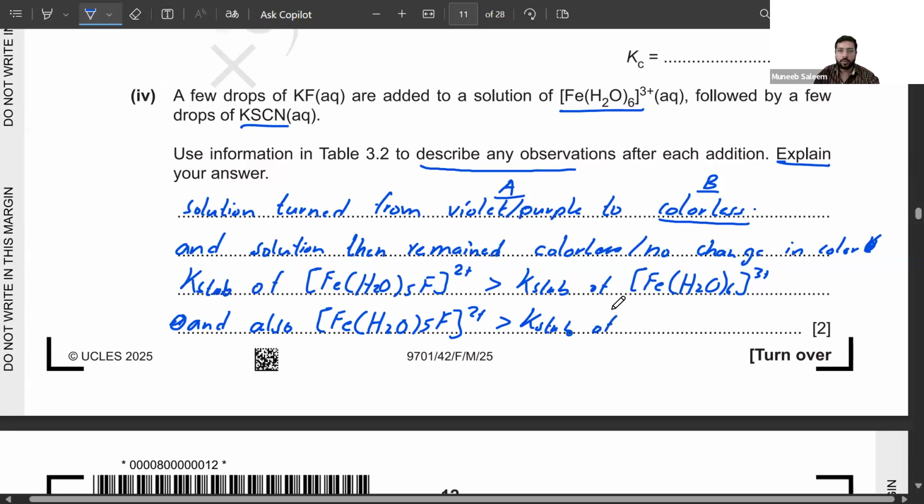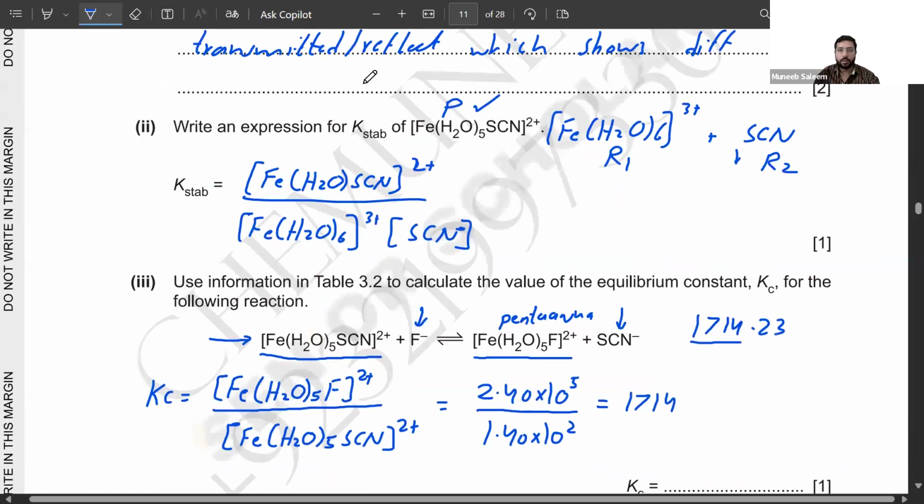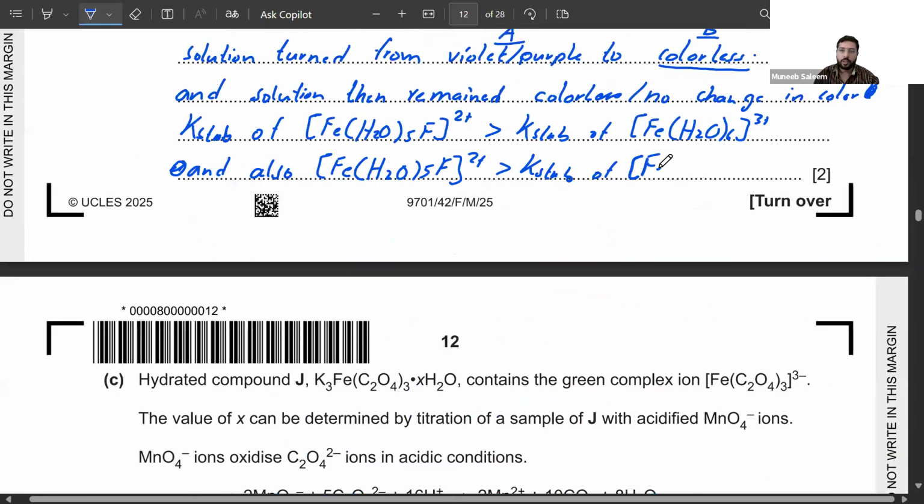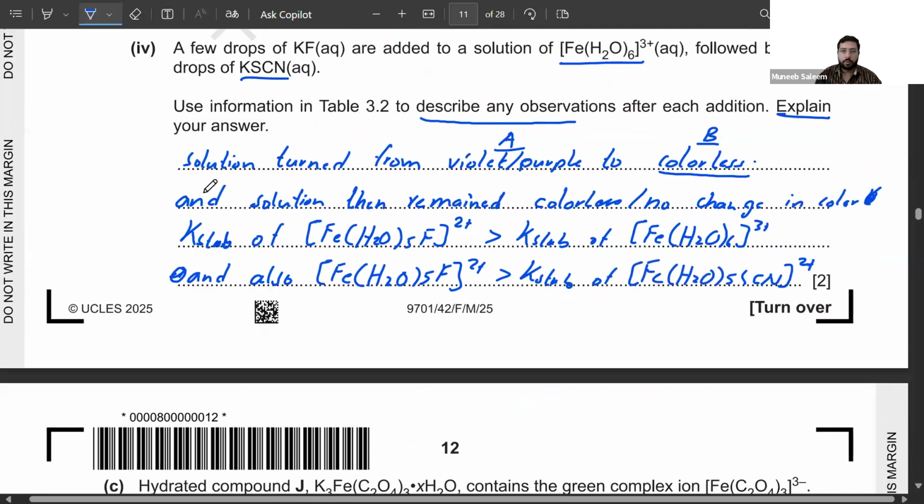The C complex was basically the one having SCN. K step of Fe(H2O)5SCN with charge of 2+, which we got from the table. So that's how we give the marks. 1 mark will go for the color change. Color change has 1 mark, and explanation has 1 mark.